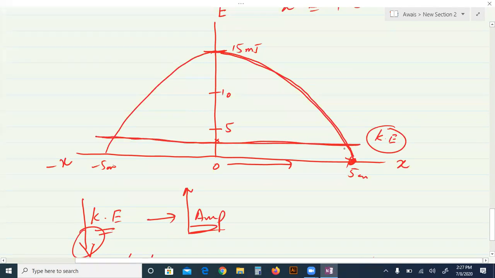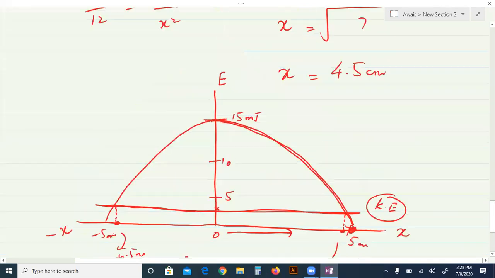And then we will find the intersection point. These are the two intersection points. When we read these 2 points, definitely they will be 4.5 and minus 4.5 on the graph sheet.